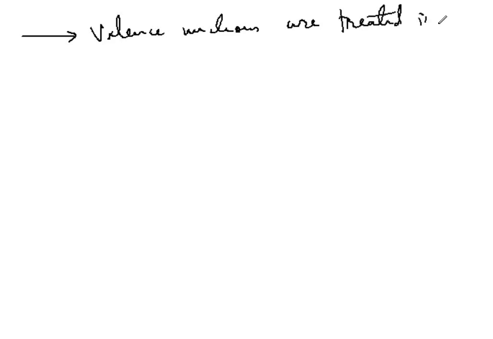Okay, now let's talk about the next assumption. You see, the valency nucleons are treated in pairs as S and D bosons.